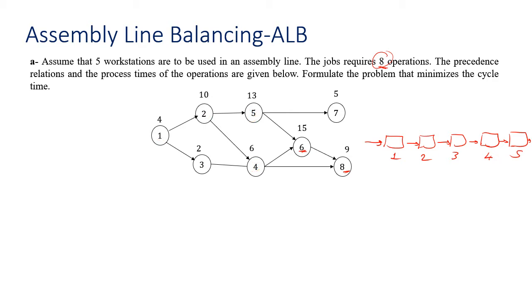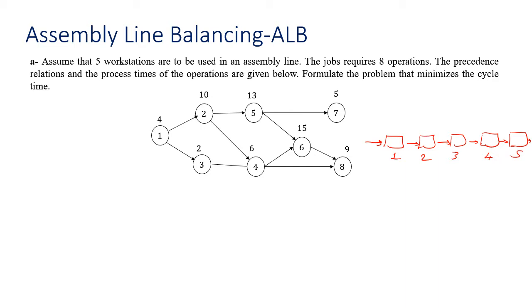Now the problem is this. We have these restrictions of order between the assembly operations, and we have 5 workstations and 8 operations. The problem is to decide at which workstation these assembly operations will be performed. Let me give an example.